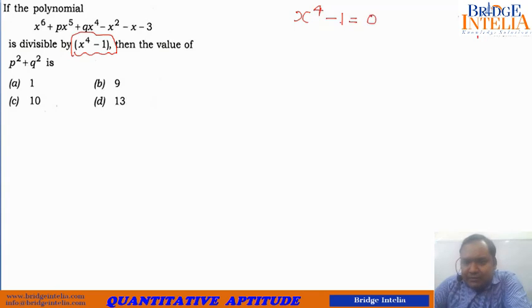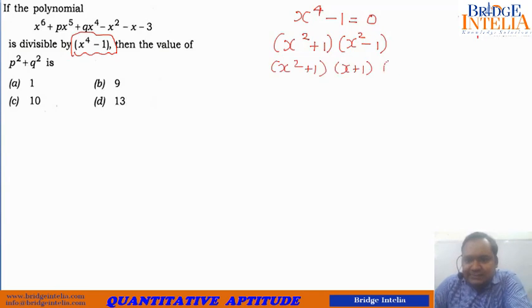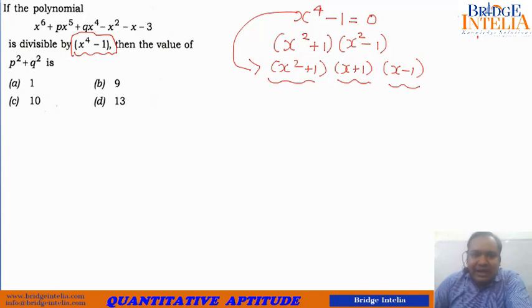So x to the power 4 minus 1 can be written as x square plus 1 into x square minus 1. So this is x square plus 1 into x plus 1 into x minus 1. So this is in fact x to the power 4 minus 1. So you can safely conclude that these three are the factors of the given polynomial.